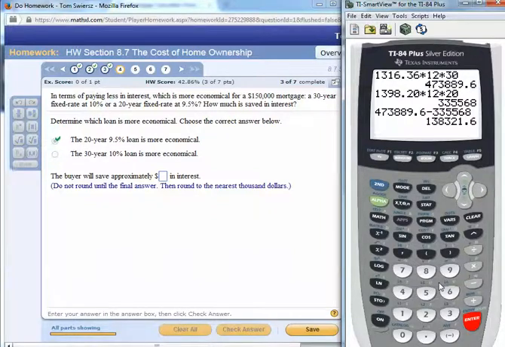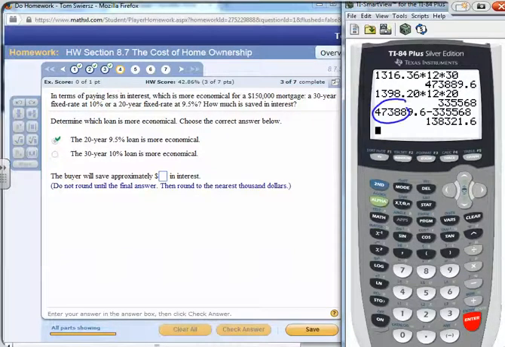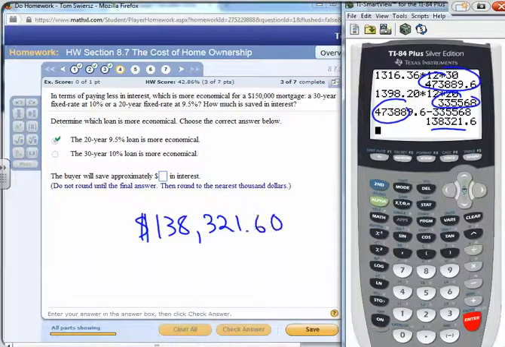Again, we're subtracting the two, right? 473,889 minus the 335. So we get a $138,321.60 difference.